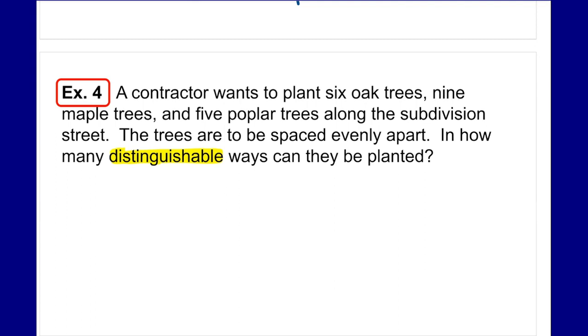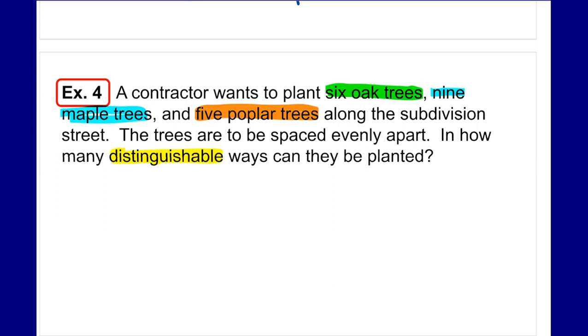So because we have the different trees, 6 oak trees, 9 maple trees, and 5 poplar trees, it's implied that we wouldn't be able to tell the difference between which oak tree we planted. So it's implied that those oak trees are identical, or indistinguishable, because they're all the same type of tree.